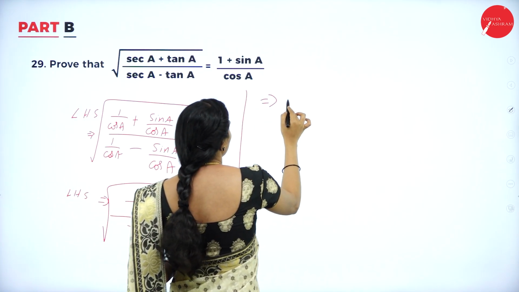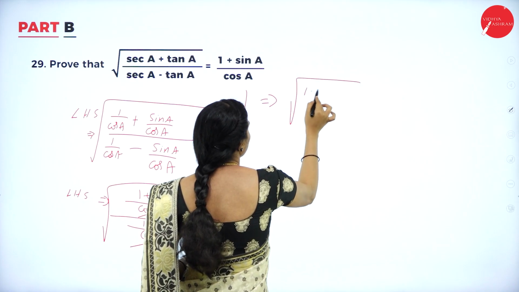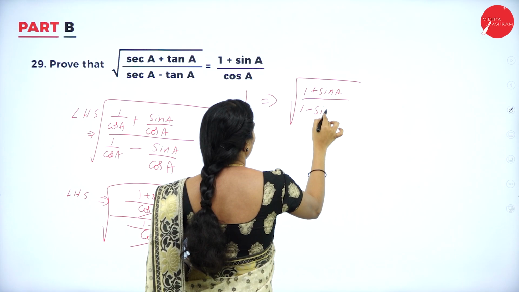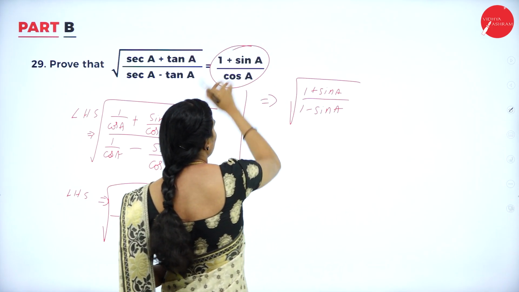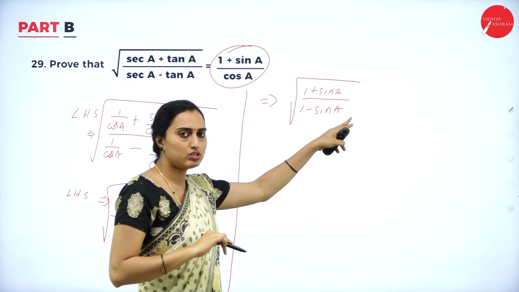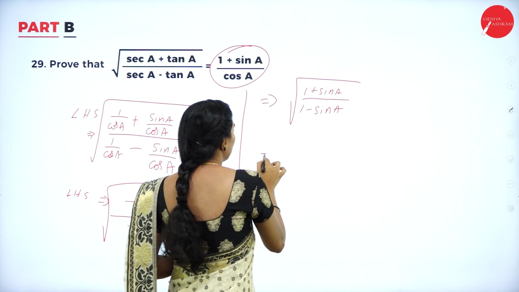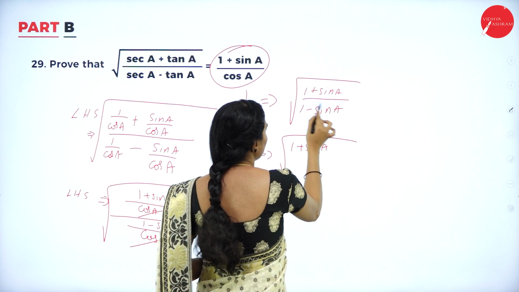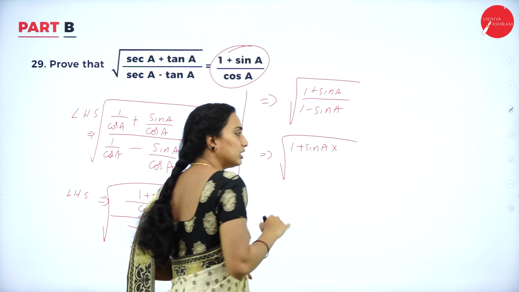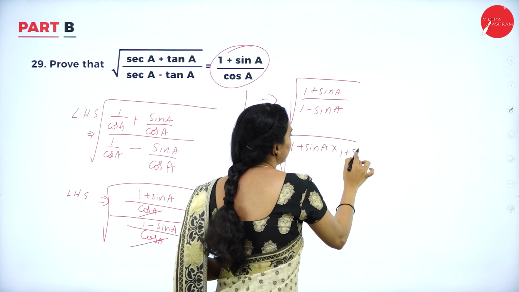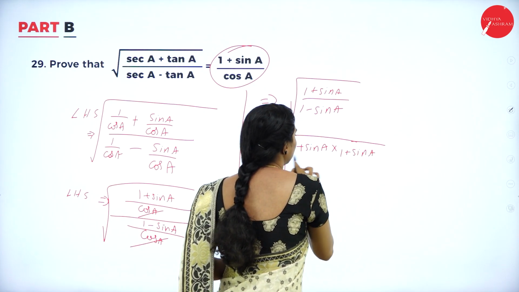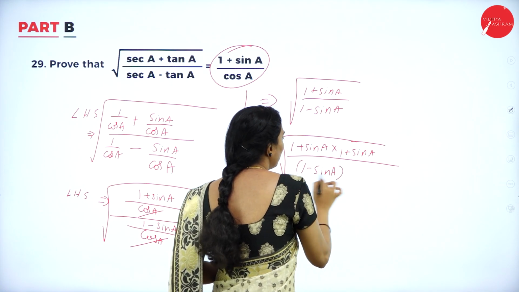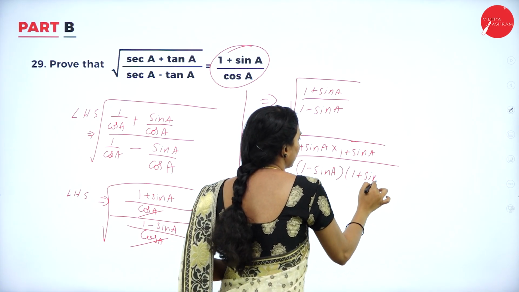You are going to get under the root of 1 plus sin a divided by 1 minus sin a. But this is not the answer they have asked. So you are going to multiply the conjugate now. What is that? Under the root of 1 plus sin a into conjugate, which is 1 plus sin a, divided by 1 minus sin a into 1 plus sin a.